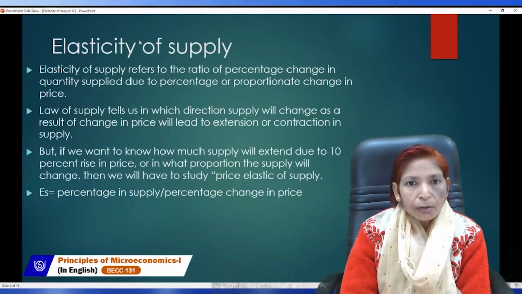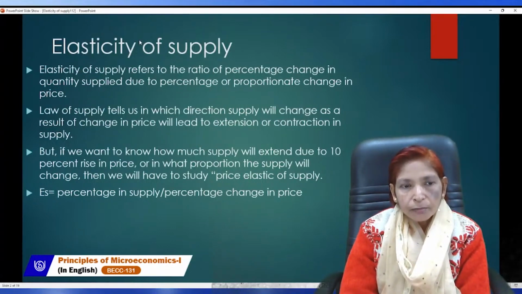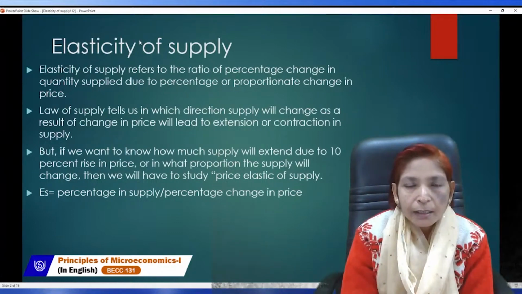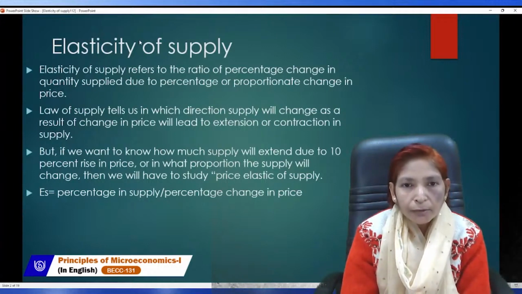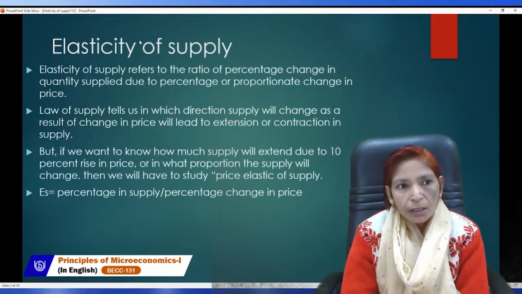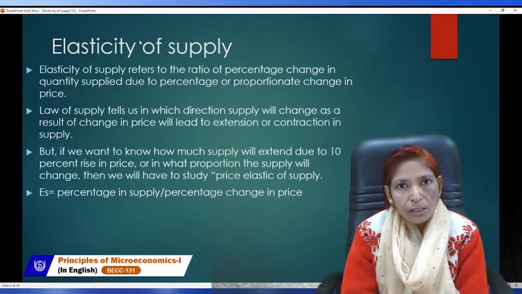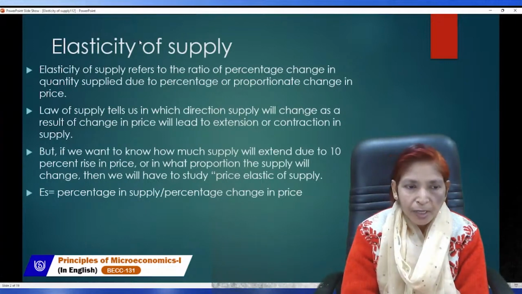Elasticity shows percentage change or proportionate change in quantity supplied which occurs due to percentage change or proportionate change in price. It means elasticity of supply refers to the ratio of percentage change in quantity supplied due to percentage change in price.